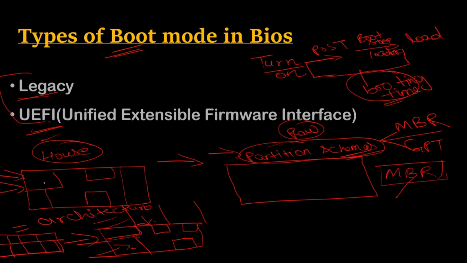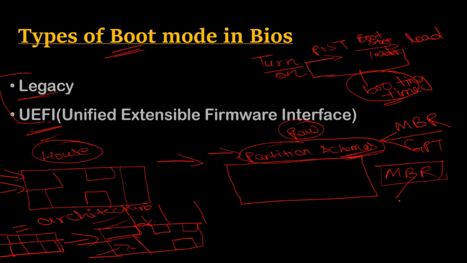If I want it for my house, I will occupy that space for a bedroom, guest room, study room. If I want it for business, I will occupy it for my labs, my cabin area. The same thing is there. Partition means how much space I want and where I want to place the data.